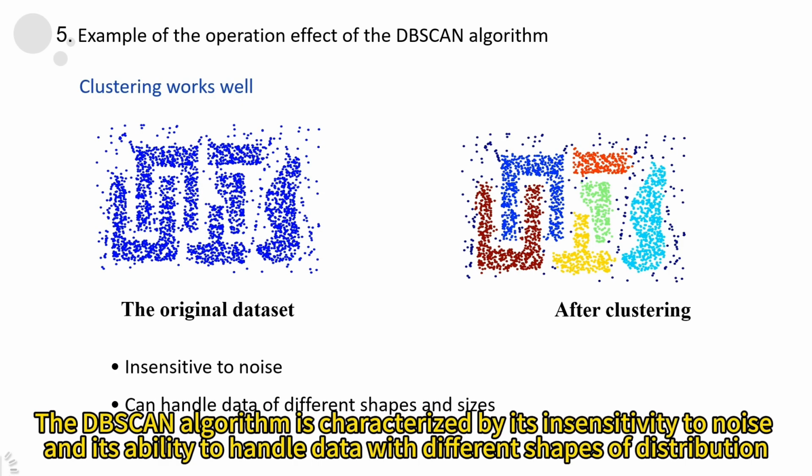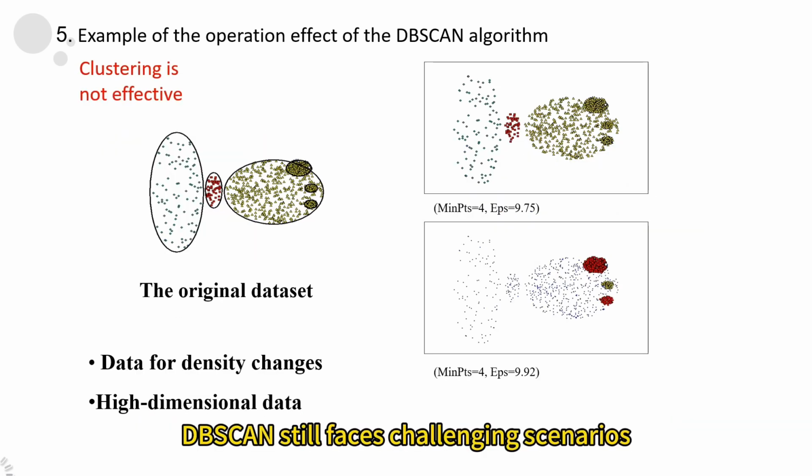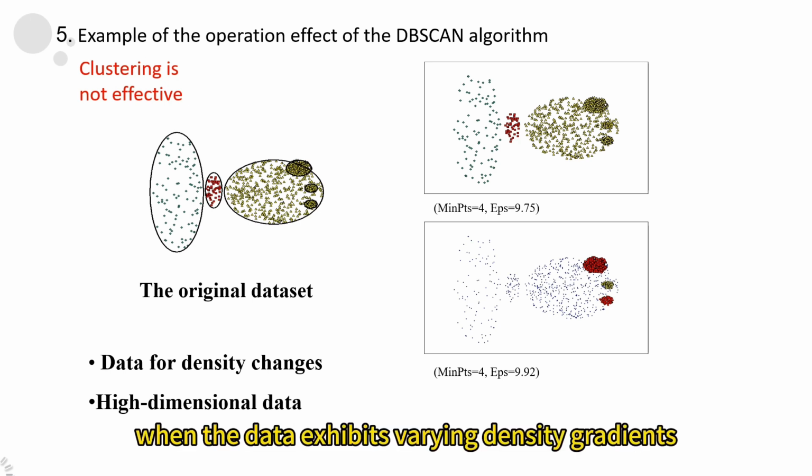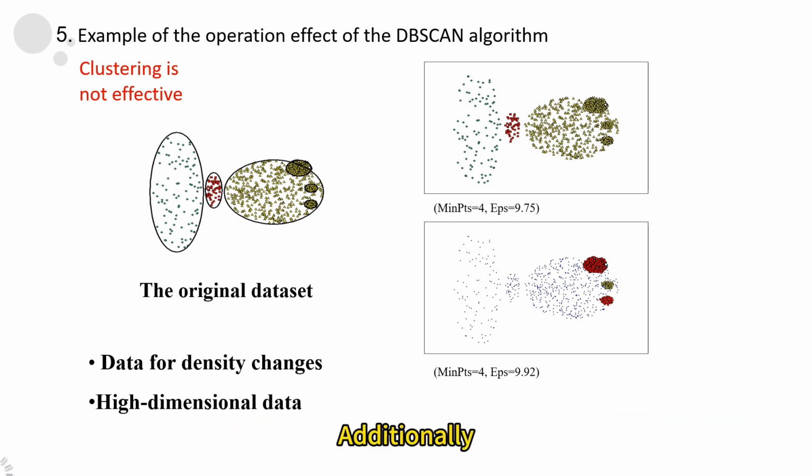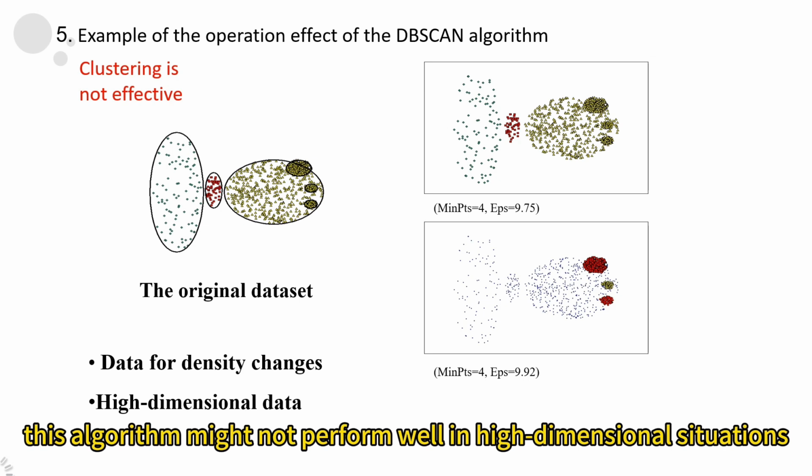The DBSCAN algorithm is characterized by its insensitivity to noise and its ability to handle data with different shapes of distribution. However, DBSCAN still faces challenging scenarios. For example, when the data exhibits varying density gradients, there could be cases where clusters exist within different density gradients. Additionally, this algorithm might not perform well in high-dimensional situations.